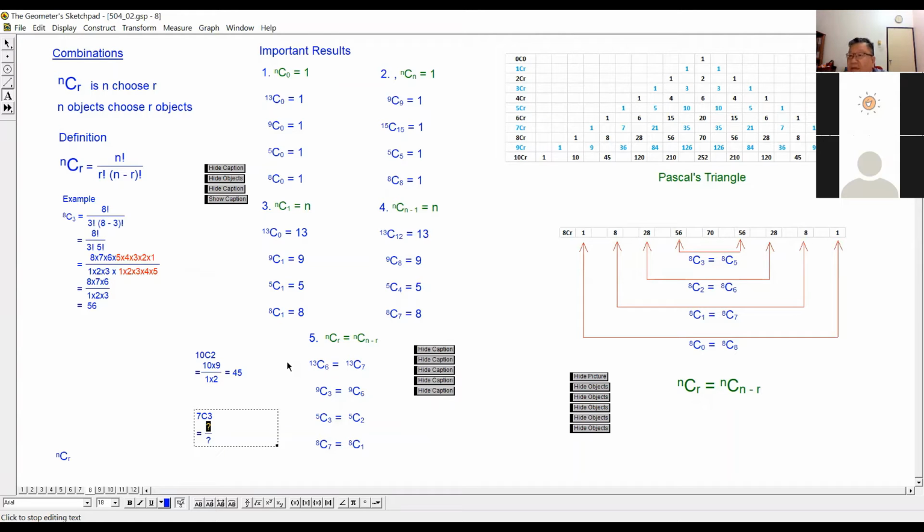Okay or not? Because at the bottom there will be another factorial. 10 minus how many? One more time, here I put here.